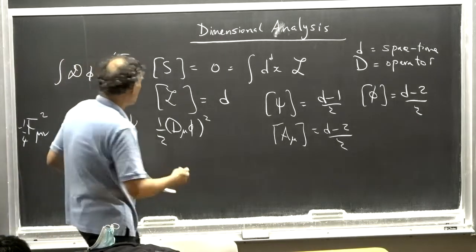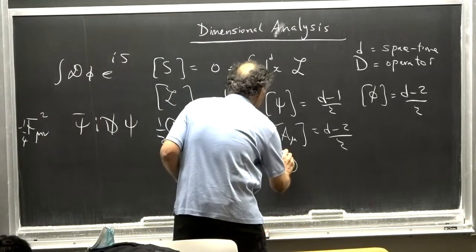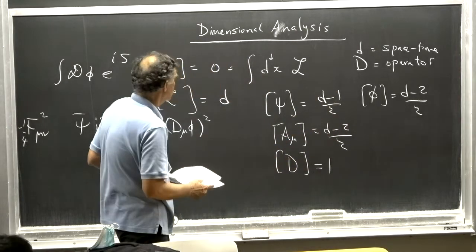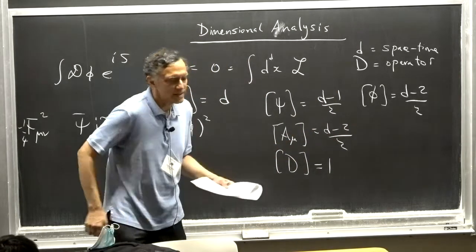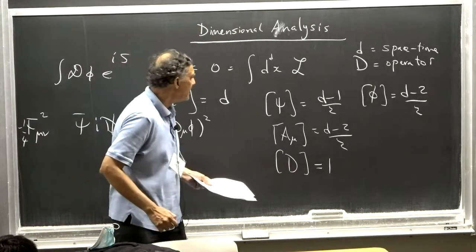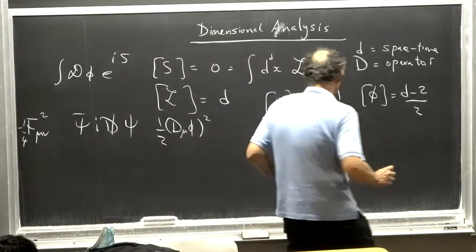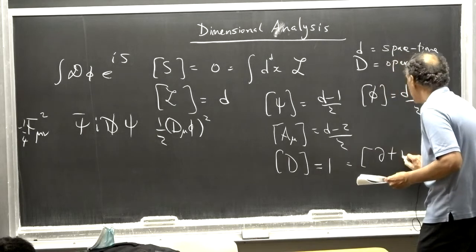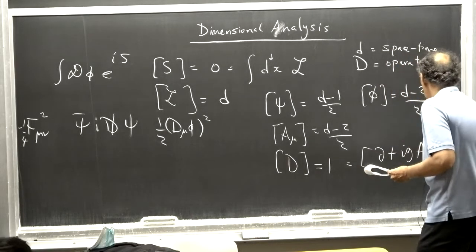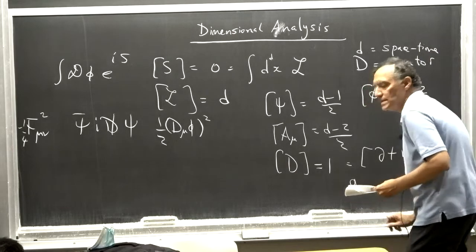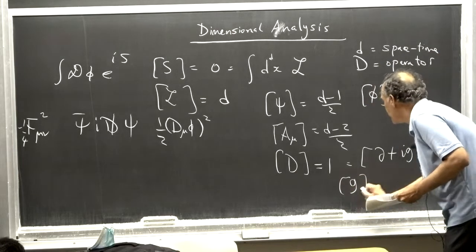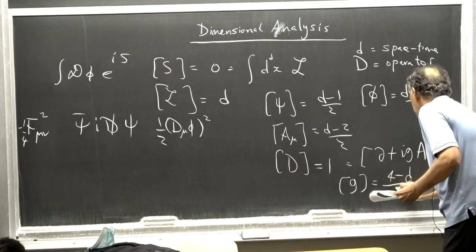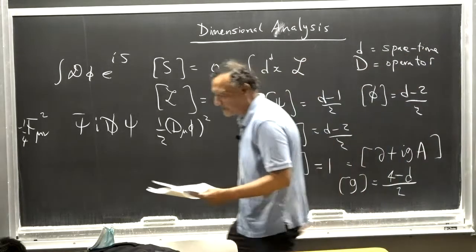A covariant derivative or a normal derivative has dimension 1 because it's just 1 over x. So that always has dimension 1. And then if you write that this is the dimension of a derivative plus i g A_mu, then hopefully g has dimension (4-d)/2, which is the dimension of the coupling constant.